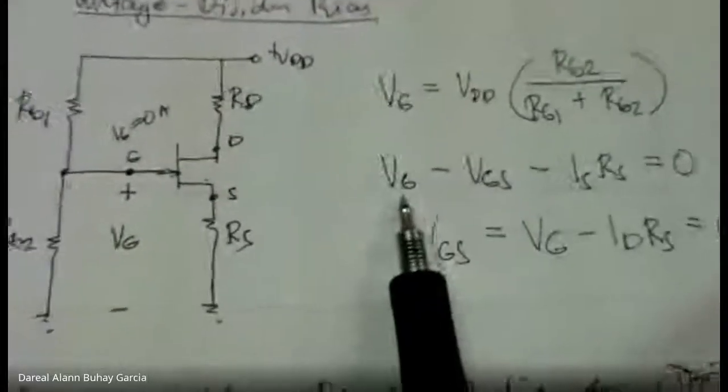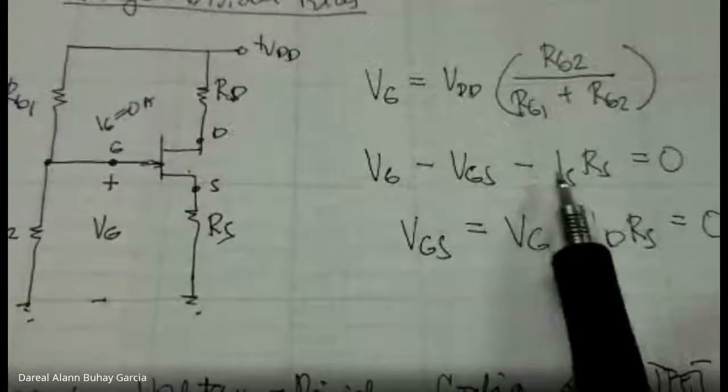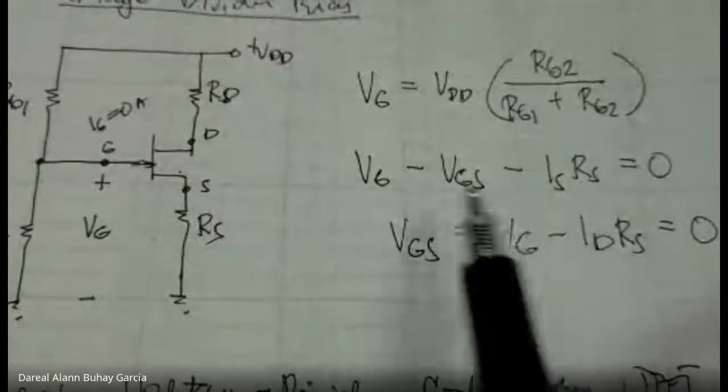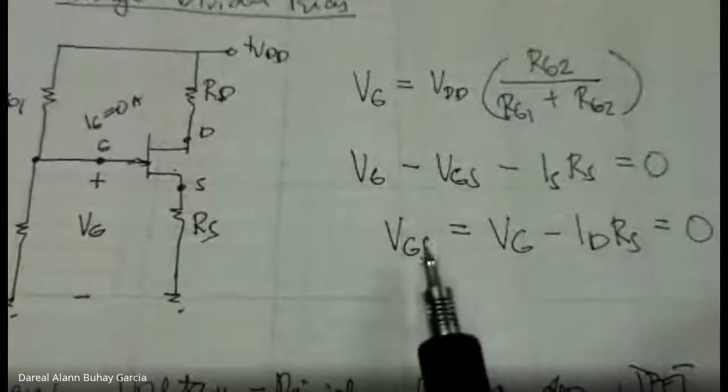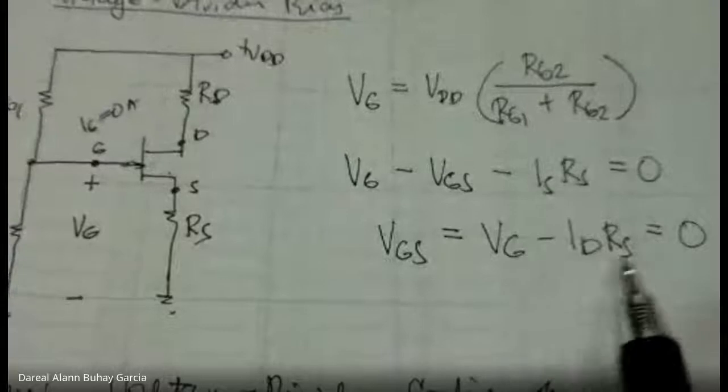So generally, if we do KVL here, VG minus VGS minus ISRS, and IS is ID, so VGS is VG minus IDRS.